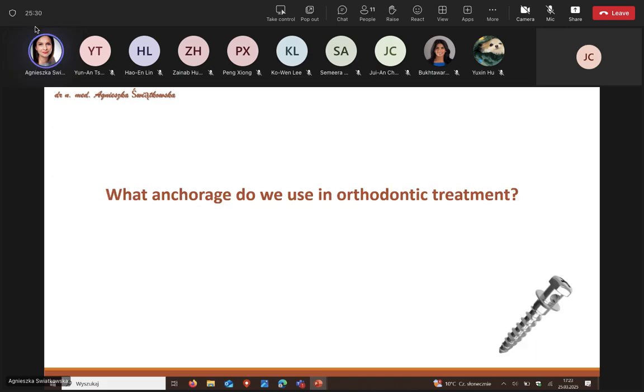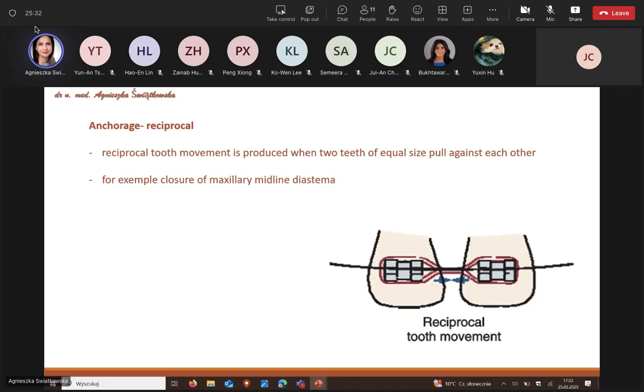What anchorage do we use in orthodontic treatment? So, reciprocal, you can see it here. This is a situation when we want to close a diastema. Everyone wants to know what a diastema is. A diastema is a space between the central incisors. So we can use an elastic chain, as you see here, to connect both braces, and the movement of both teeth is the same, the same force.